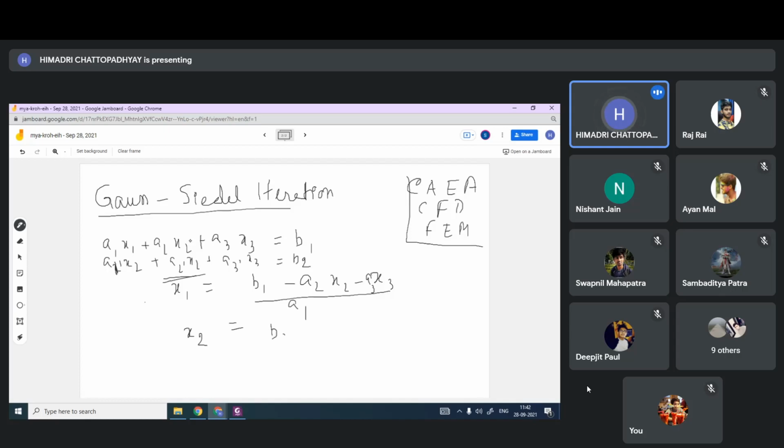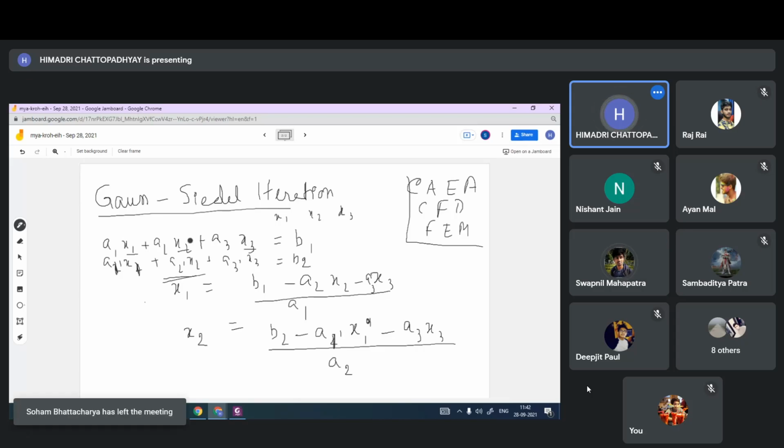So this will be B2 minus A1 prime x1, where x1 is the solution, minus A3 prime x3, or you can say x, y, z instead of x1, x2, x3, divided by A2 prime. So that means you actually have an expression for x1, x2, x3.